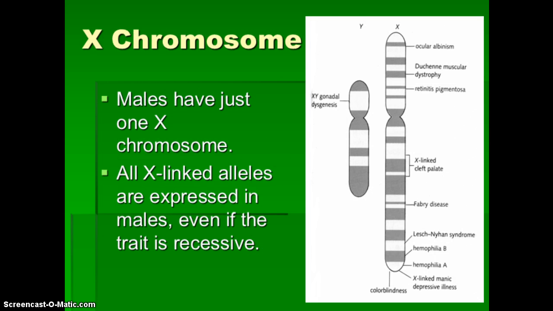So here's a little visual of the X and Y chromosomes. Reminder, males have just 1 X chromosome and 1 Y chromosome, and females have 2 X chromosomes. All the X-linked alleles are expressed in males even if the trait is recessive, and that has to do with the fact that there are very few genes or genetic traits transferred on the Y chromosome in comparison to the X chromosome.